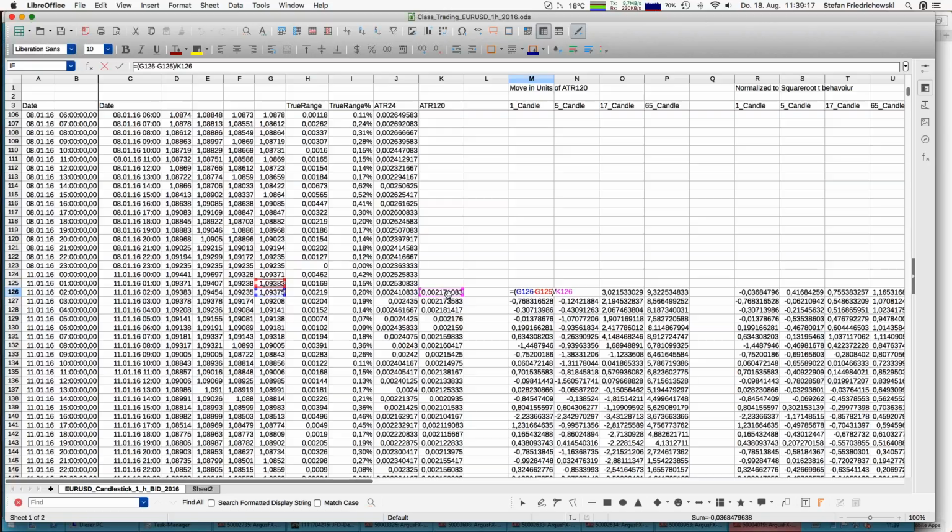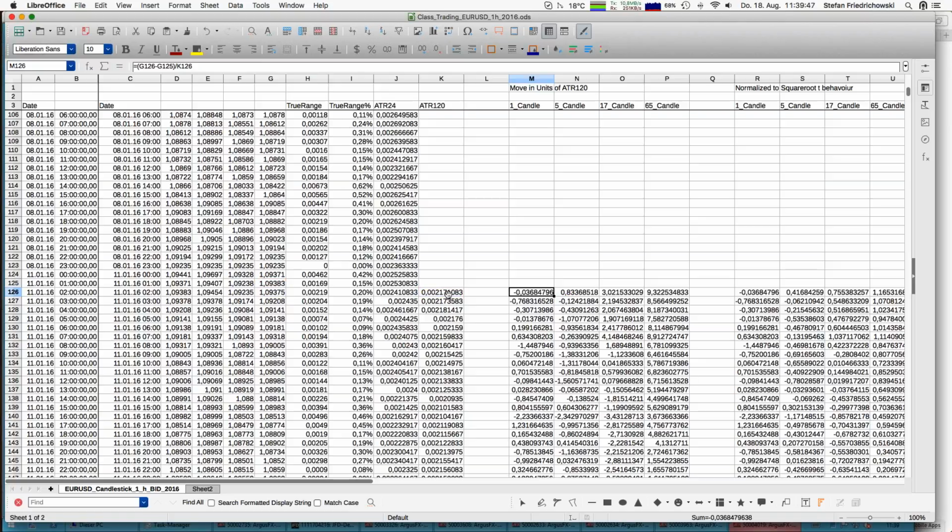Sometimes 10 bips might be high. Sometimes 10 bips might be low. If you think about 2008, the peak of the financial crisis, we had huge ATRs. So then 10 bips would have been nothing. But therefore, we measure the movement, so the price change, in units of ATR.